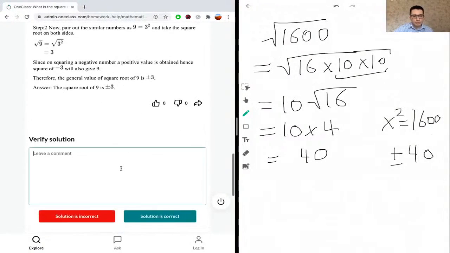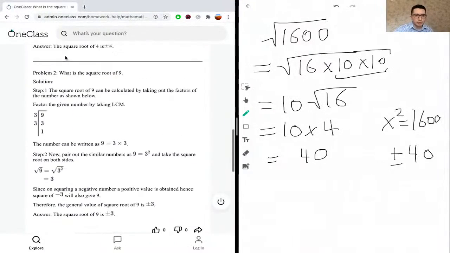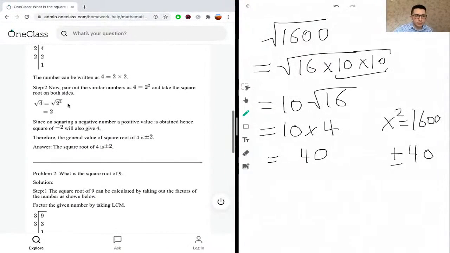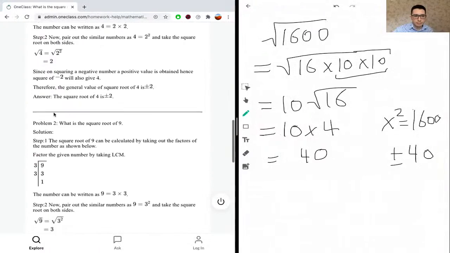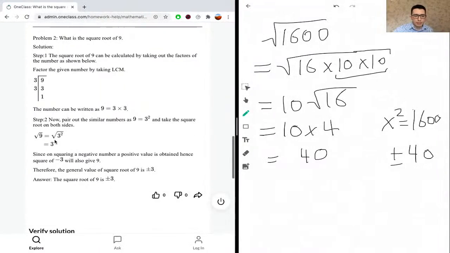And they give some more examples of how to do the square root. So they give you the square root here of 4 is 2 squared square rooted, which will get us 2. And similarly with 9. I believe this process that I did is a little more straightforward.